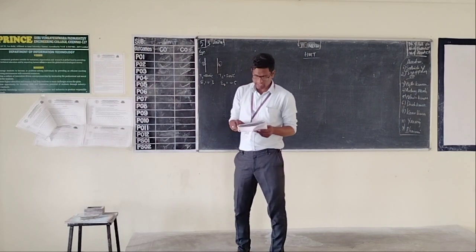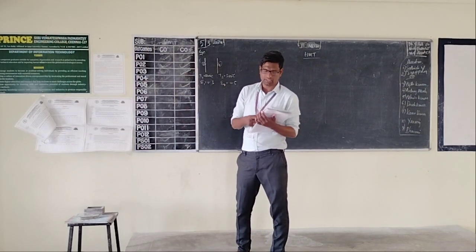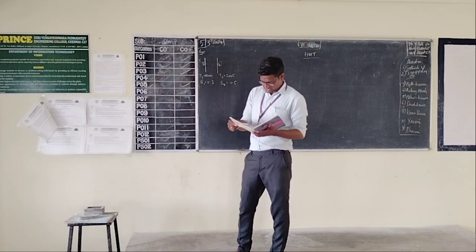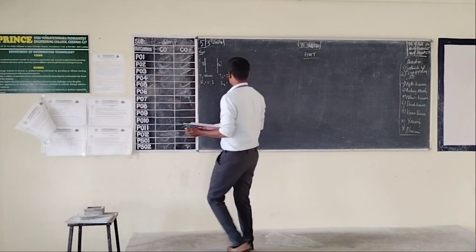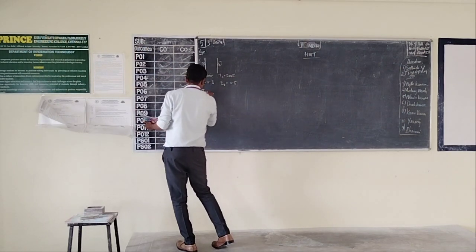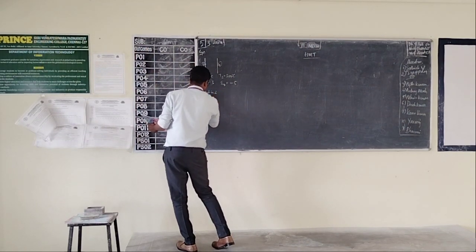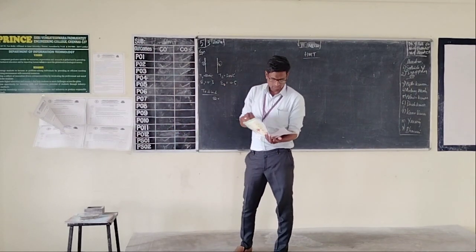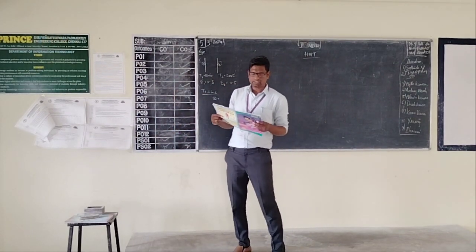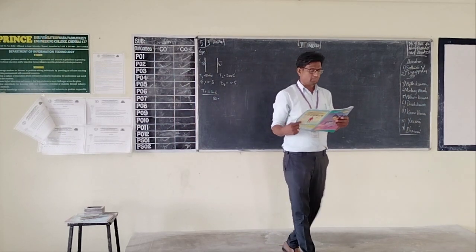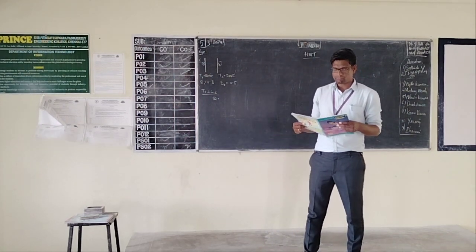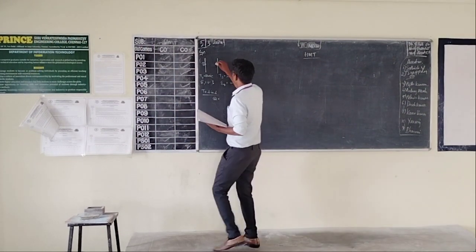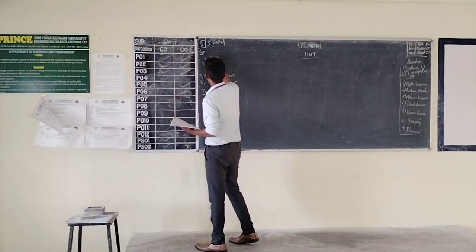Find the net radiant heat exchange per square meter, which is Q by A. And find the percentage reduction in heat transfer when a polished aluminum radiation shield is placed between the two parallel plates.